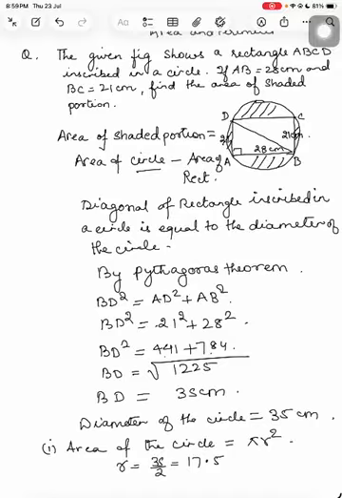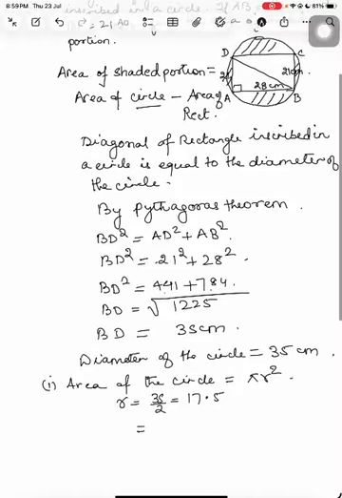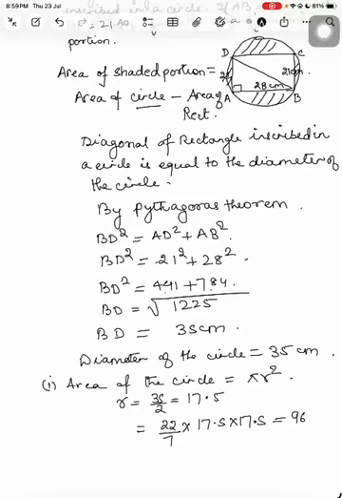So area of the circle will become pi 22 by 7 into 17.5 into 17.5. When you solve this you will get 962.5 centimeters square.